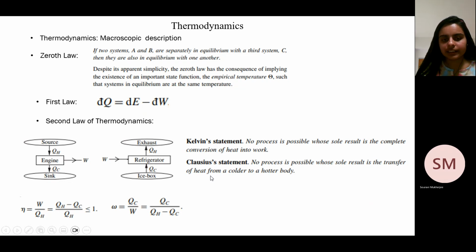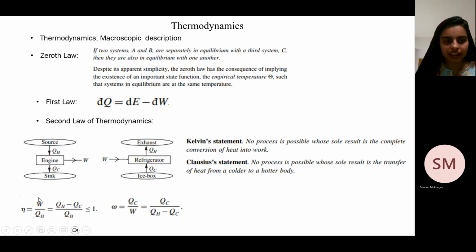Another way of stating this law is that if you are extracting QC amount of heat from some colder object, you have to do some external work on the system in order to do this process. So no process is possible whose sole result is the transfer of heat from a colder to a hotter body.